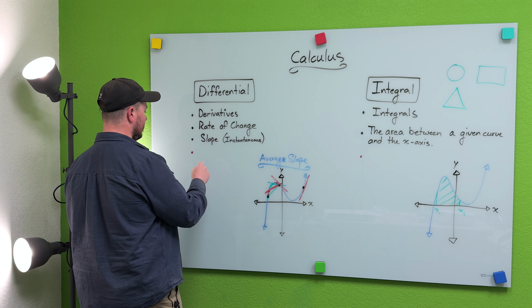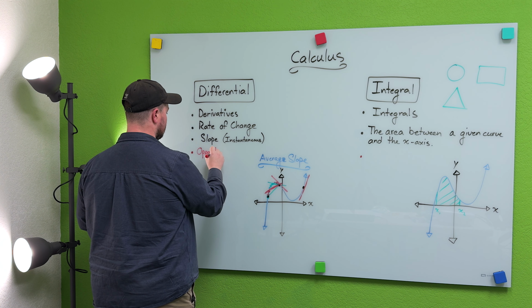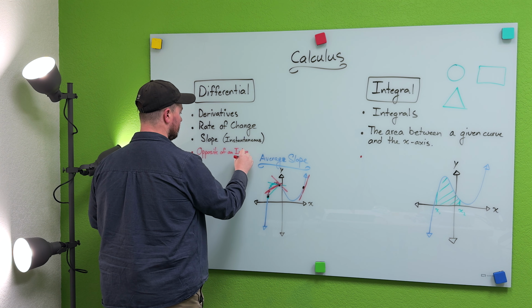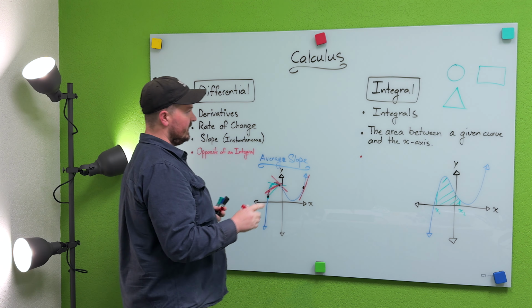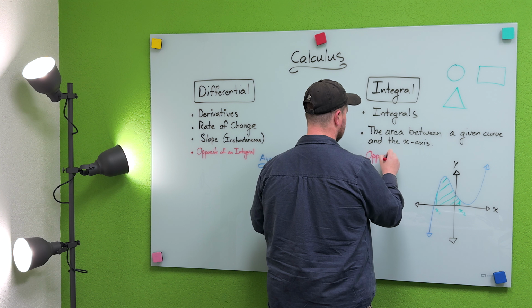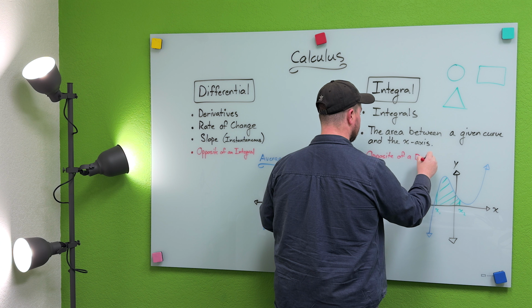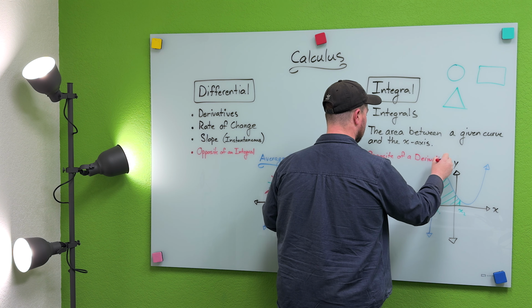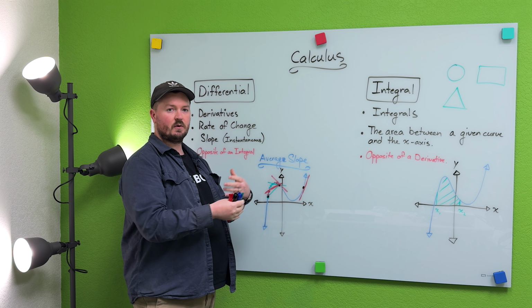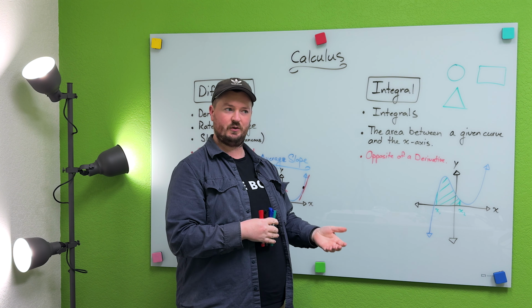So we can just say that a derivative is the opposite of an integral. And that means an integral is the opposite of a derivative. Which means if you have some sort of formula that you've taken the integral of and you want to undo that, how would you undo that?